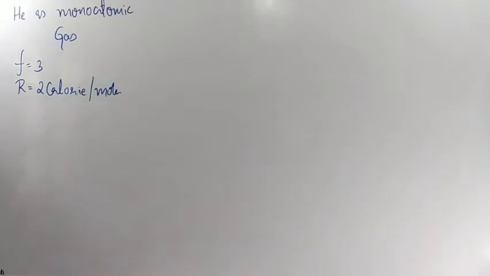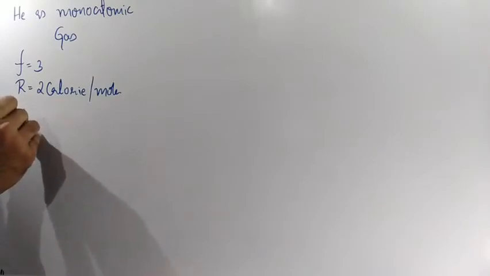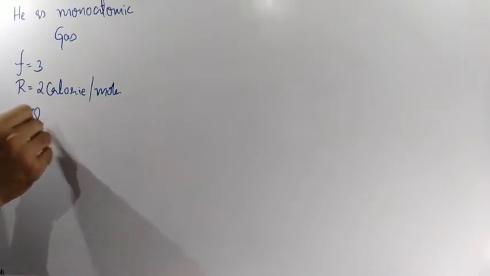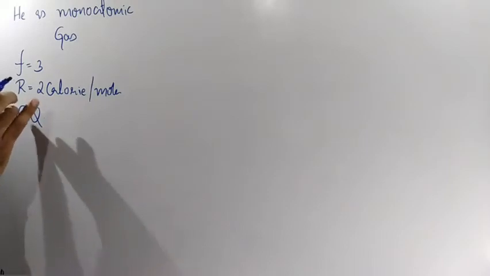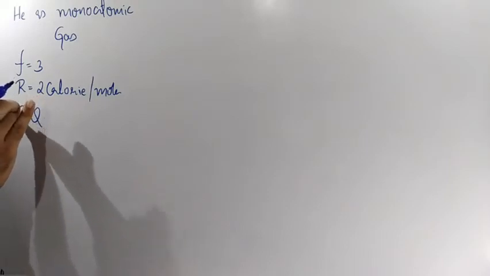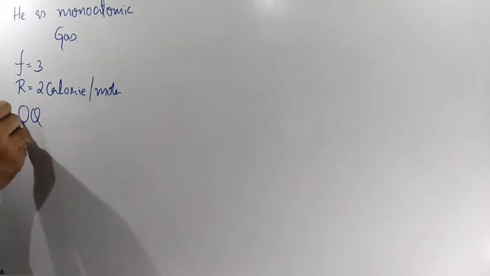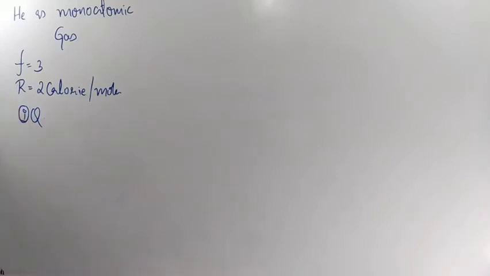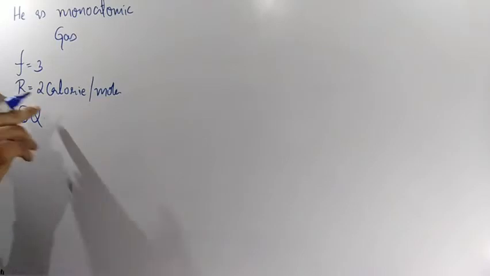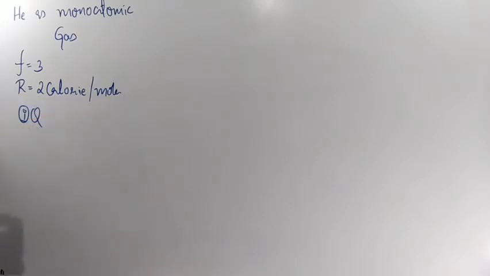So what are they asking first? They are asking about Q. What is the formula to calculate Q? Q is nCv delta T or nCp delta T, based on constant volume or constant pressure.